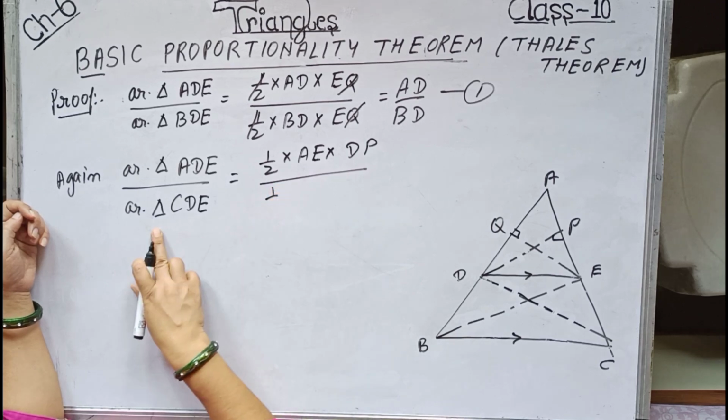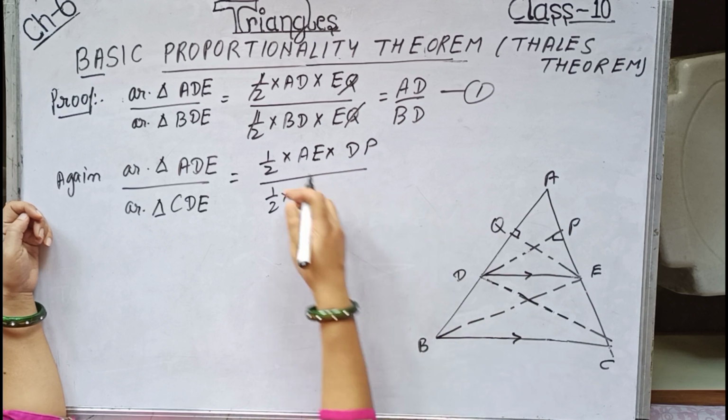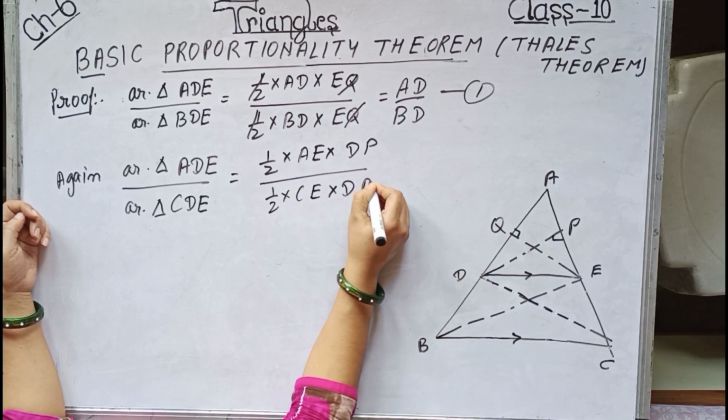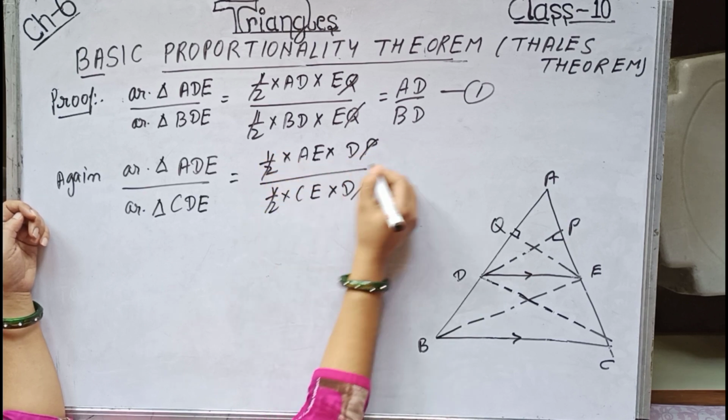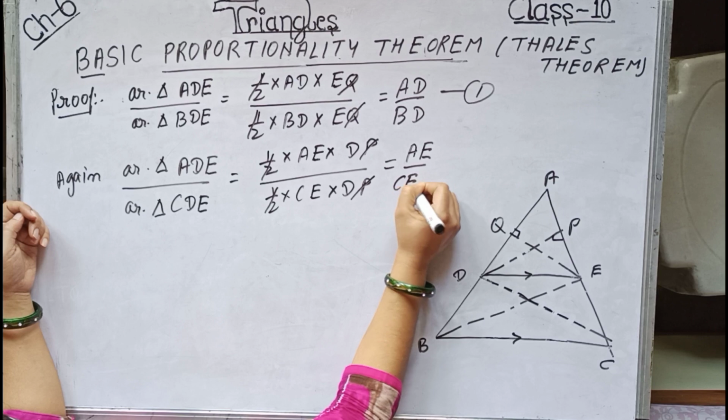The area of CDE will be half into CE into DP. Again DP and half will be cancelled and we are getting AE by CE.